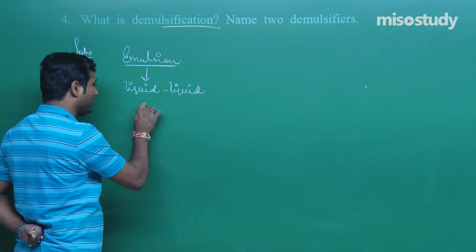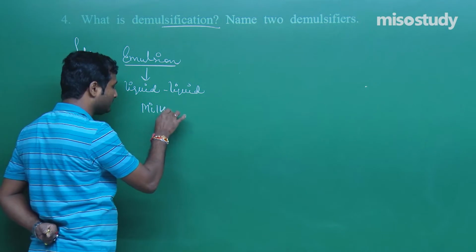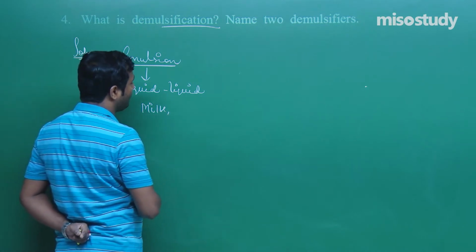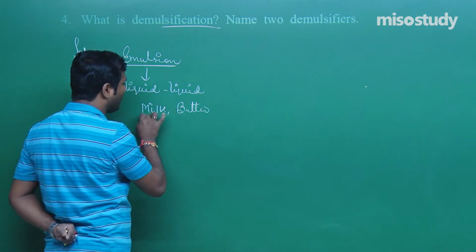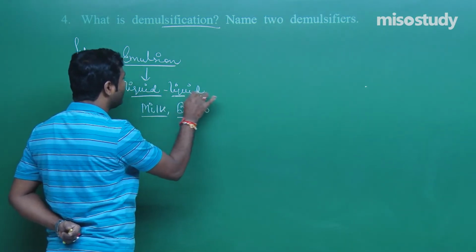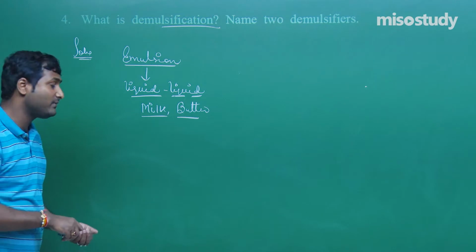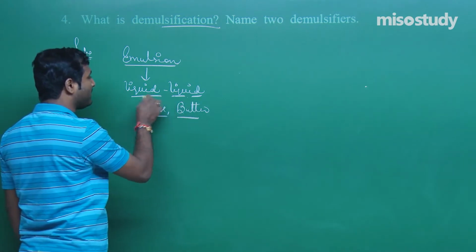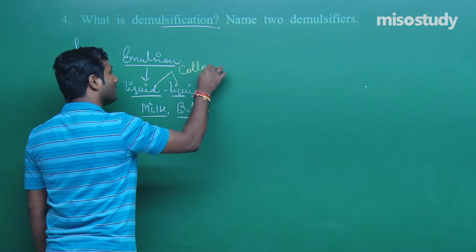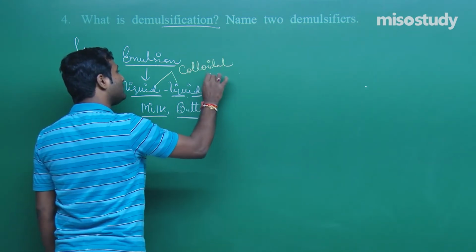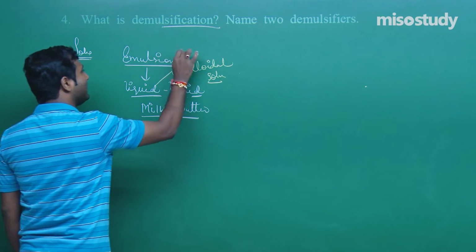For example, milk, butter and cheese are examples of liquid emulsions. Demulsification: there are different types of liquid particles and they form a colloidal sol. The colloidal sol of liquid and liquid is known as emulsion.